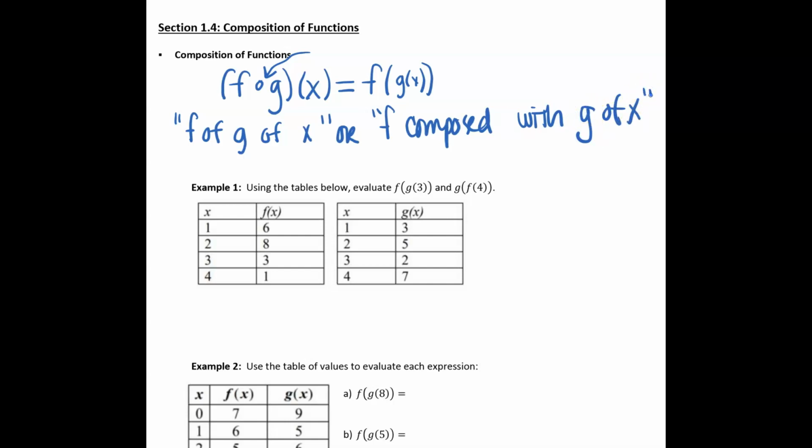And so when you're looking at this within your homework, you're going to see one of those two notations. Either of them can come up for you, so you've got to be able to recognize it in both formats.